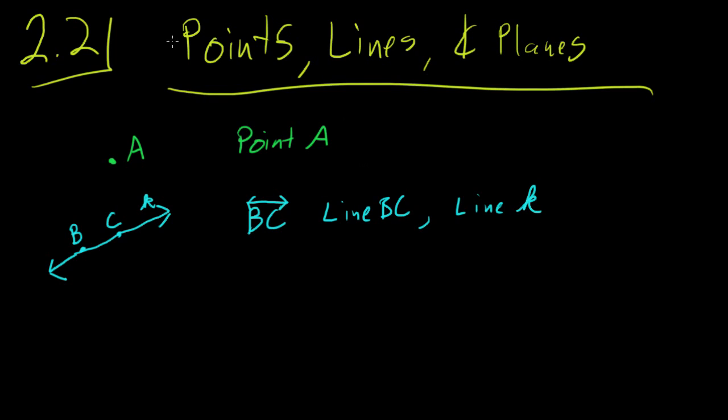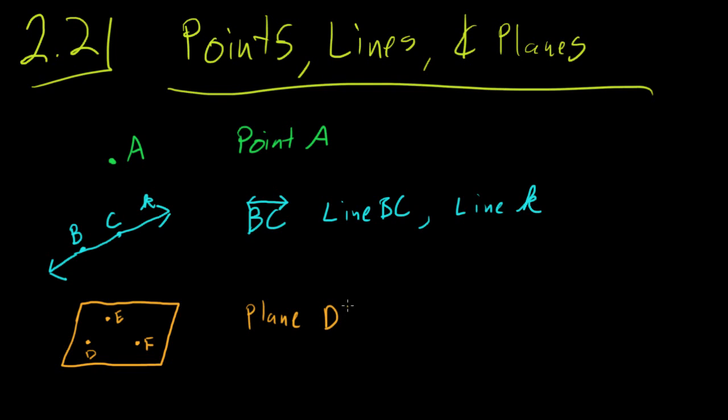So we got our points and our lines. A plane is two-dimensional, and usually when you see it drawn, it looks kind of like a parallelogram, something like this. And a plane needs to have at least 3 points on it. So this could be plane, and there's no symbol for plane.